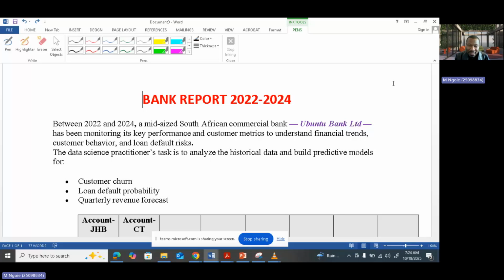Is the bank going to make profits, yes or no? This is the meaning of building a predictive model, so that we will know. So this is our job: to analyze data and to build a predictive model.